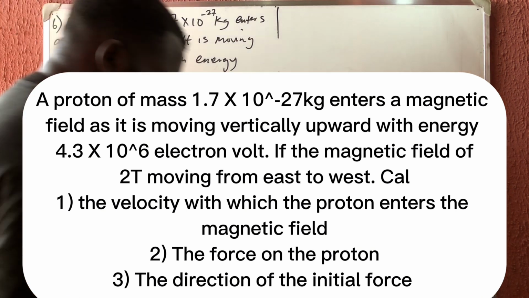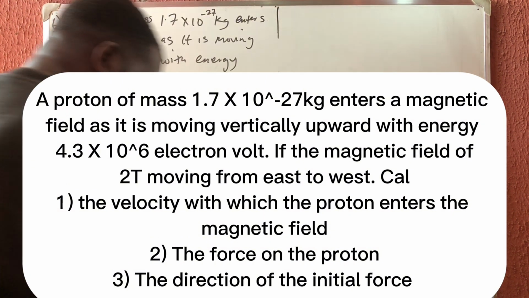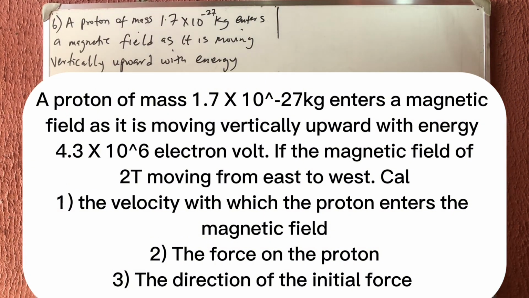Okay, the direction of the initial force. So this is very, very simple to calculate. So what do we do? Let us bring out our parameters. That is the first thing you always do. Bring out your parameters.